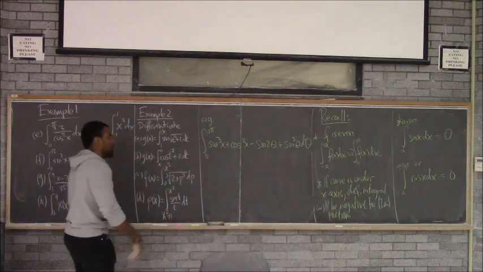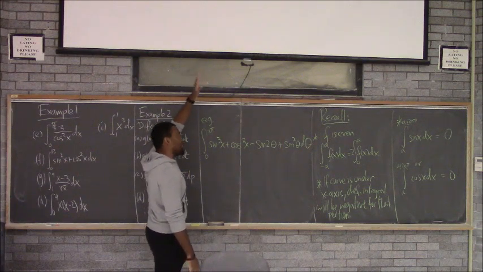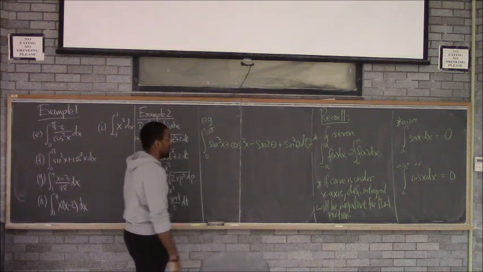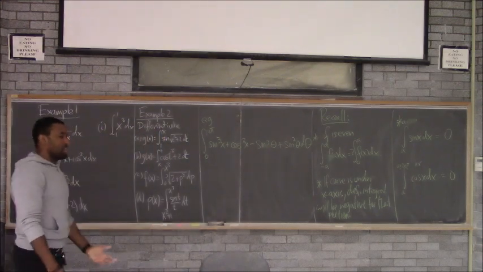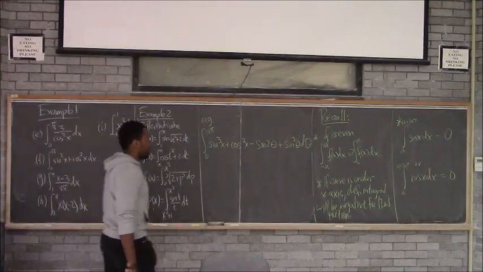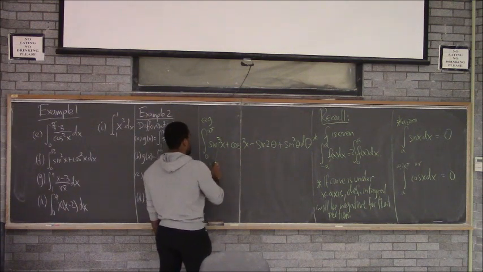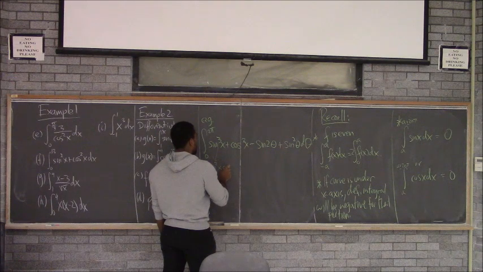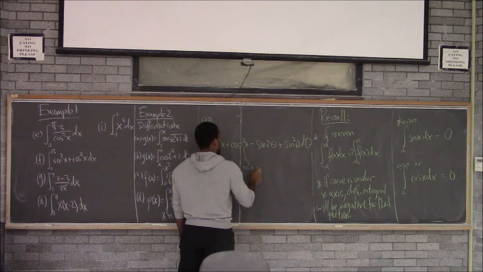You could be working on a problem, you went through hell to derive this, and eventually you end up here to do an integral, and you're like, oh my god, now I have to do this long integral. But it turns out that you don't, because you look at this as sine squared times cosine, and you look at this as cosine squared times sine of x.